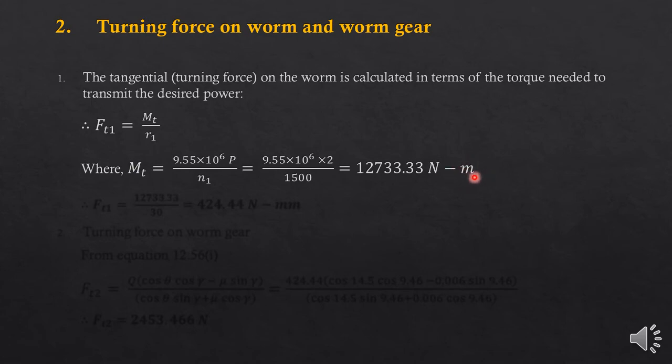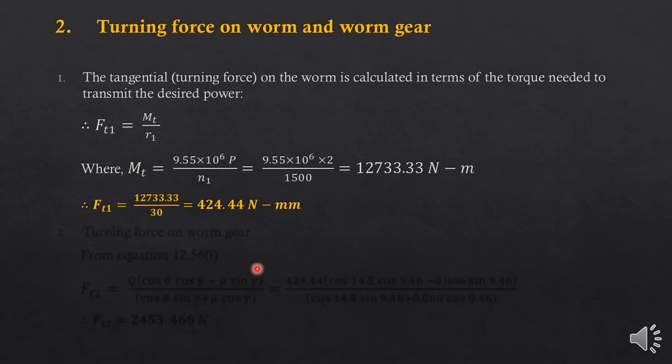So FT1 you have substituted back into the force equation. Divide the torque by the radius of the worm and you will get the turning force as 424.44 Newton. Sorry, this is not Newton mm, this is Newton. Ignore this mm please.